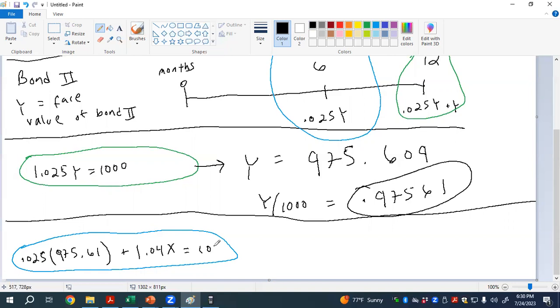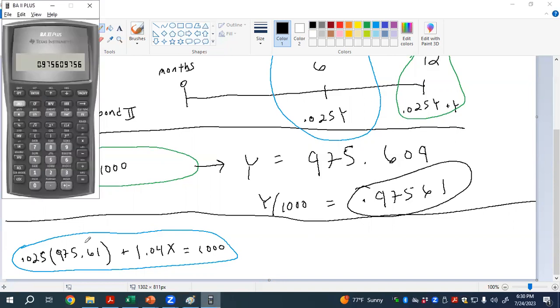This is equal to 1,000. So remember, this is what y is, times 0.025, subtracted from 1,000, divide by 1.04 to get x is 938.